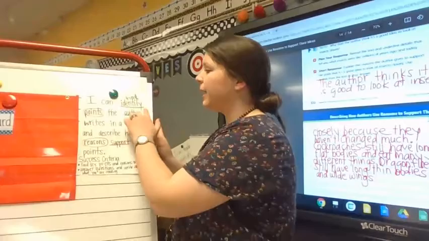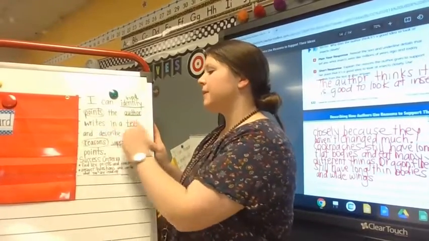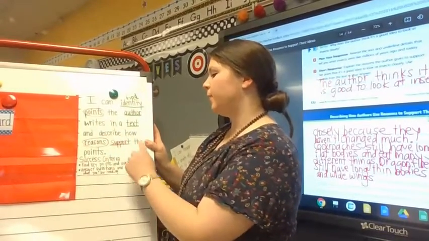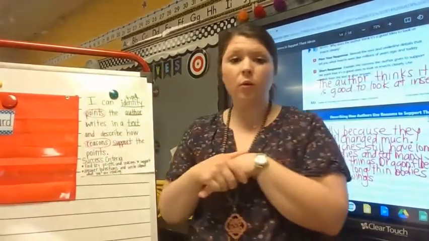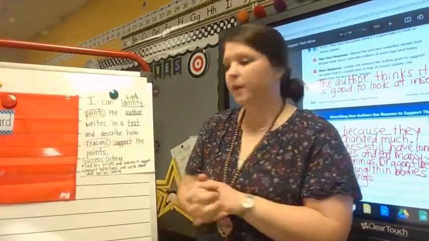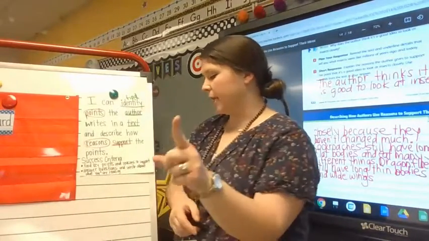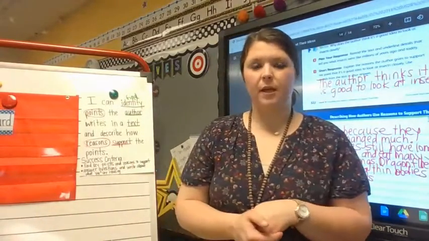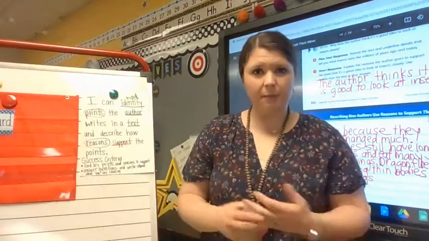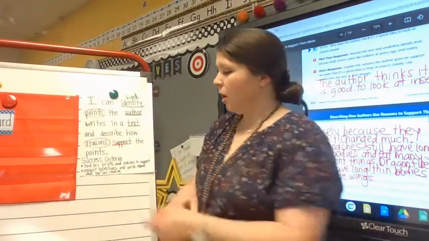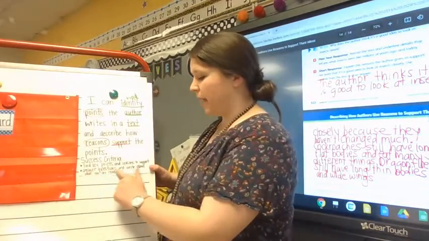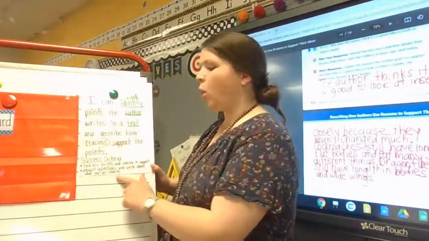All right, let's reflect back on our learning target. I can identify points the author writes in a text and describe how reasons support the points. Remember, in order for us to be successful with this learning target, we needed to find key points and reasons that supported the key points. Were you able to do that today? Then we also needed to be able to answer questions and write about what we read.